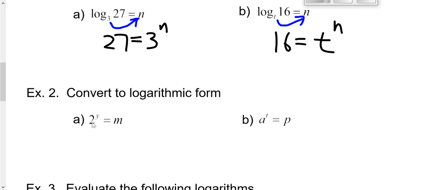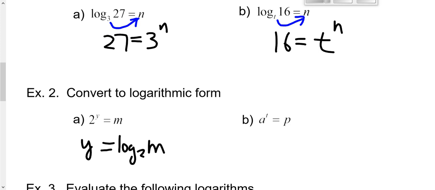So if you take this base, move it here as the base of the log, then you still have m, except now we have a log, and this, the base for the exponent, is now the base of the logarithm, and then your exponent is the answer, or at least the answer for this step here.